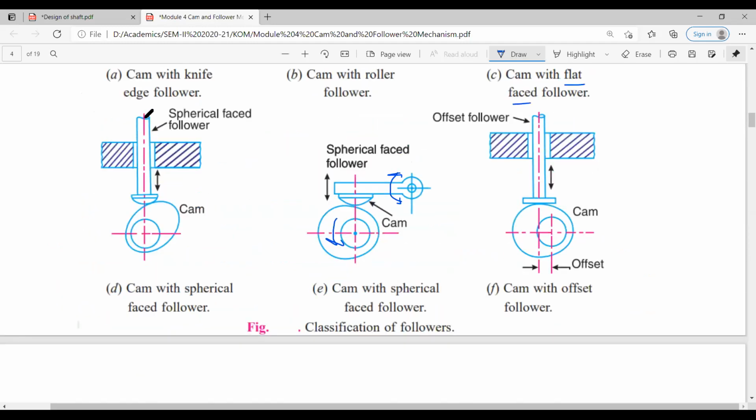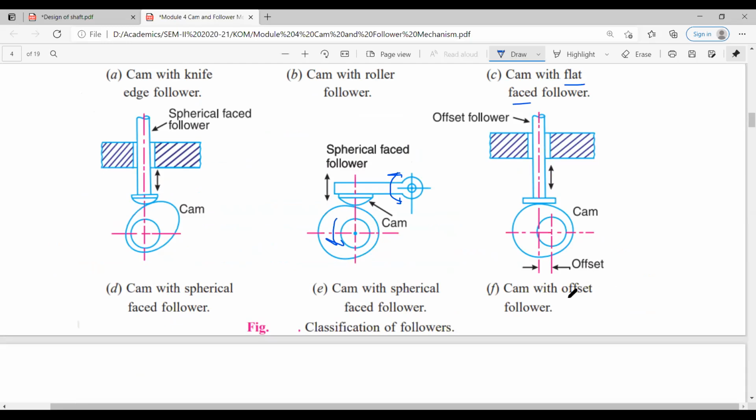Here you can see that the axis of the follower is passing through the center of the cam. So it is known as a radial follower, because it is in the direction of the radius.